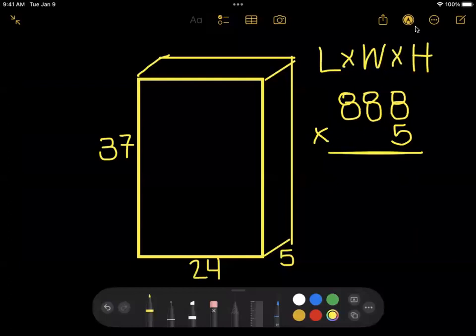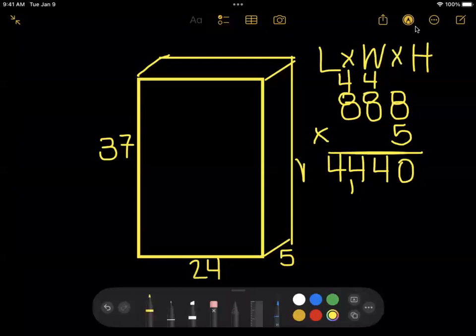But if I had chosen to do 37 times 5 first, or 24 times 5 first, eventually, I would get the same answer after I've multiplied all three of them together. 8 times 5 is 40. 8 times 5 is 40 again, plus 4 is 44. And then again, 8 times 5 plus 4 is 44. So this is our final answer. The volume is equal to 4,440 units cubed or cubic units.